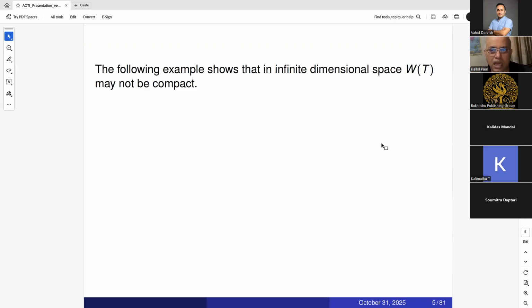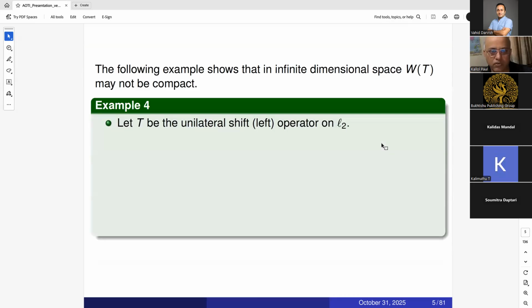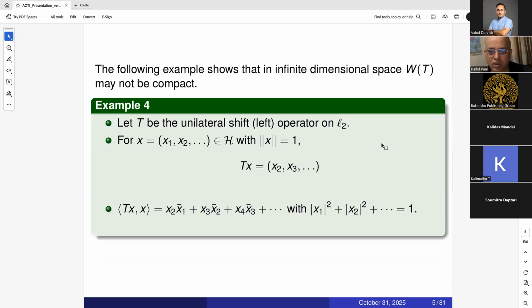But if you are working on an infinite dimensional space, then the numerical range may not be compact. If you just look at this operator on L2, the left shift operator, all of us know this, (x1, x2, ...) going to (x2, x3, ...). In that case, the numerical range actually looks like a non-compact set, and it is actually the open unit circle.